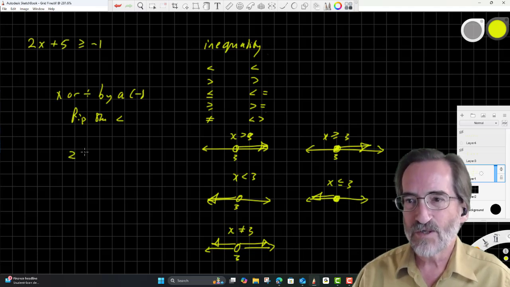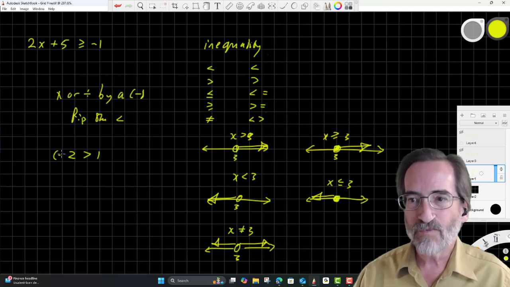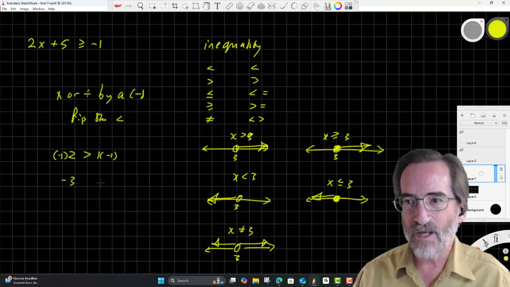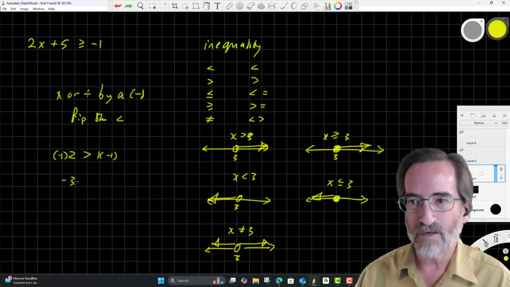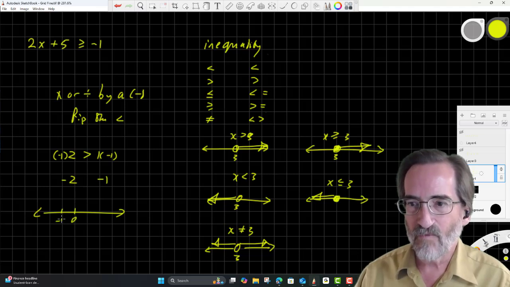If I say 2 is greater than 1, that's true. But if I multiply both sides by -1, I now flip things around, so -2 and -1 have switched places. Look at it on the number line. Here's 0, here's -1, here's -2, here's 1, here's 2. 2 is greater than 1 because 2 is farther to the right.